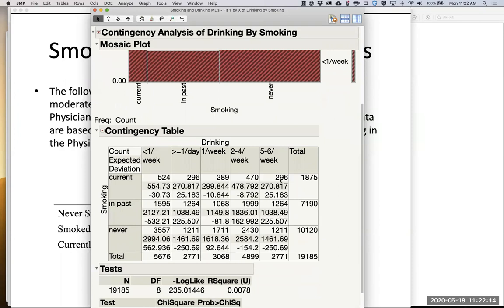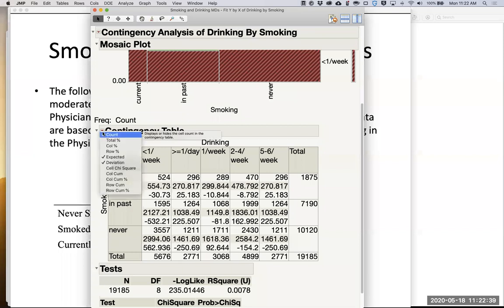A positive means what I saw was above what I expected. Negative means what you saw is below what you expected. These deviations are the numerators in the chi-square value before you square it. Large deviations in absolute value are where the differences are huge. Right there is a difference that's huge.